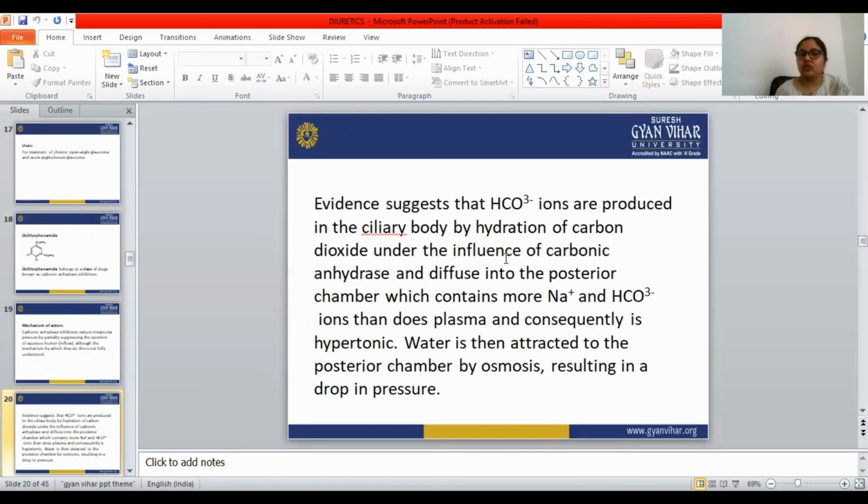So the evidence suggests the ciliary body produces the HCO3 ions. How do they produce it?